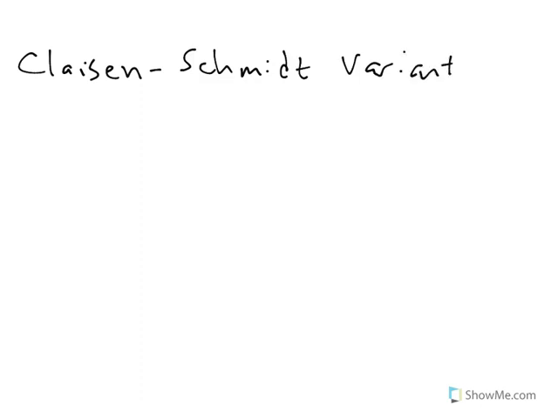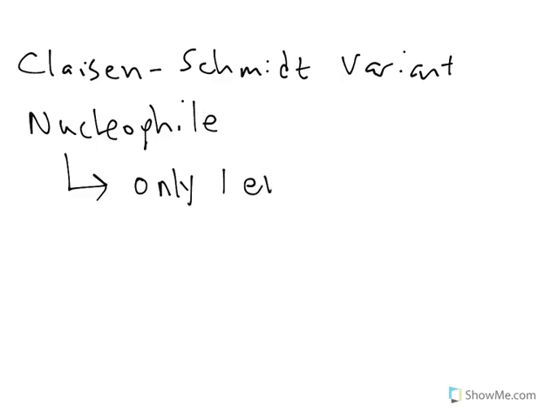And what this one implies is that you're going to be using a nucleophile that has only one enolizable position. So that's going to cut down on what your nucleophile is. If you had multiple enolizable positions, well, then you're going to have multiple places you can attack, and you're going to have quite a mess.